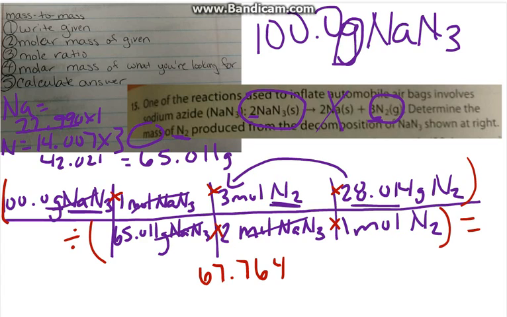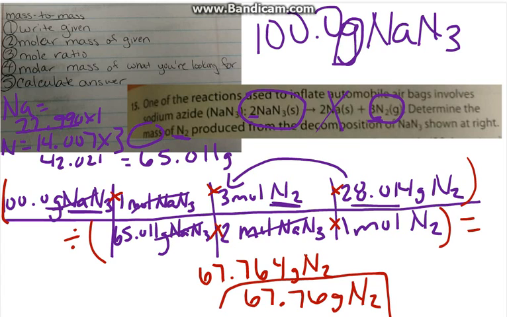And you should get 67.764. That's grams of nitrogen. Looking at sig figs, I only need 4 sig figs. So it's 67.76 grams of nitrogen.